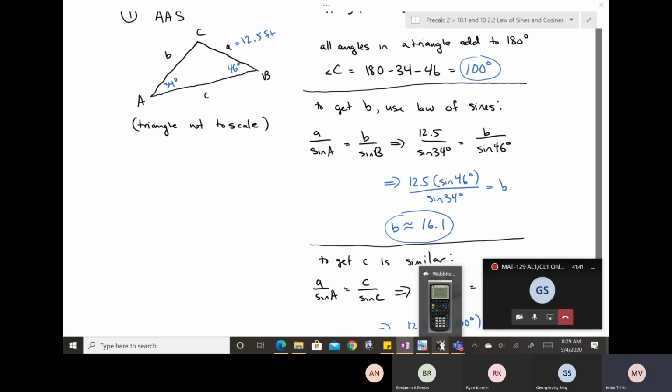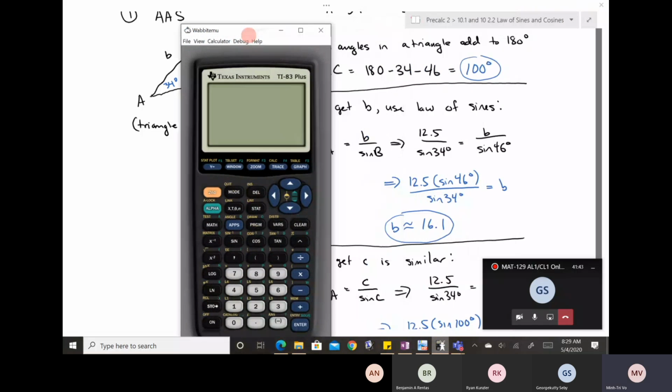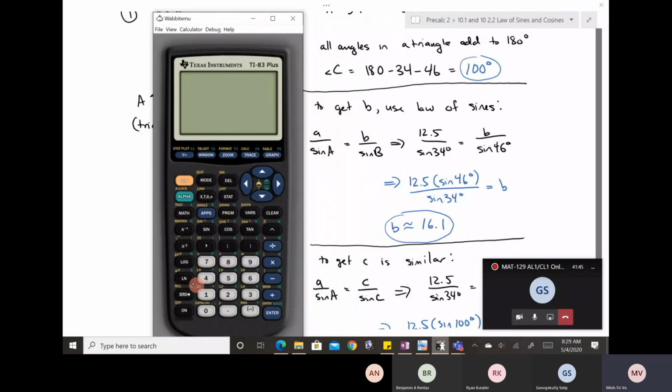Here we're working in degrees, so you should make sure when you do the calculation that you're in degree mode. Now it's just calculating: 12.5 times sine of 46 degrees divided by sine of 34 degrees.